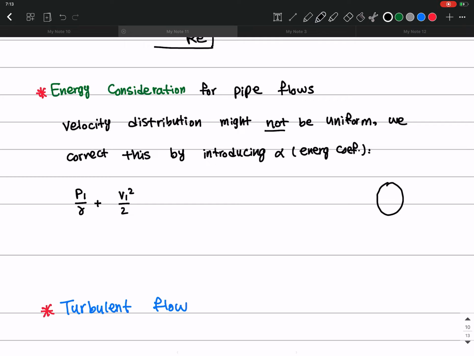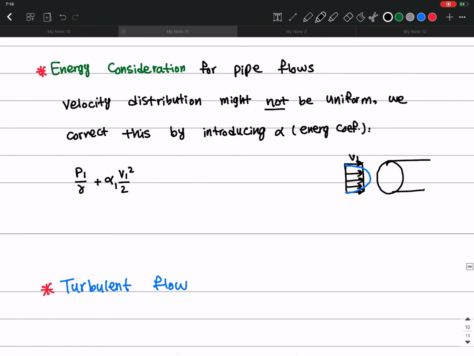This was what we had assumed. For example, if you have the velocity in a pipe, say this is a pipe, the velocity we assumed was V1 everywhere, right? But in reality, it's not the case. Velocity at the edges should be 0, and then we will have something like this. So this is the real velocity profile. And in order to correct this, we multiply V1 squared over 2 by alpha, so I introduce alpha 1.